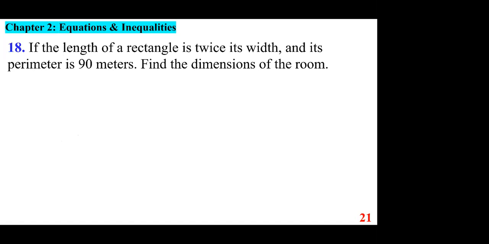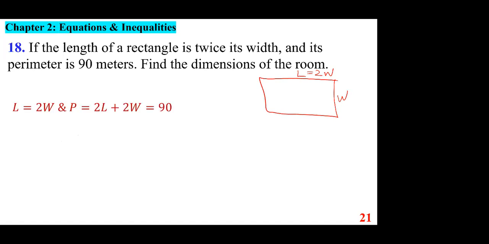If the length of a rectangle is twice its width, and the perimeter is given as 90, we want to find the dimensions. So length is 2 times the width.